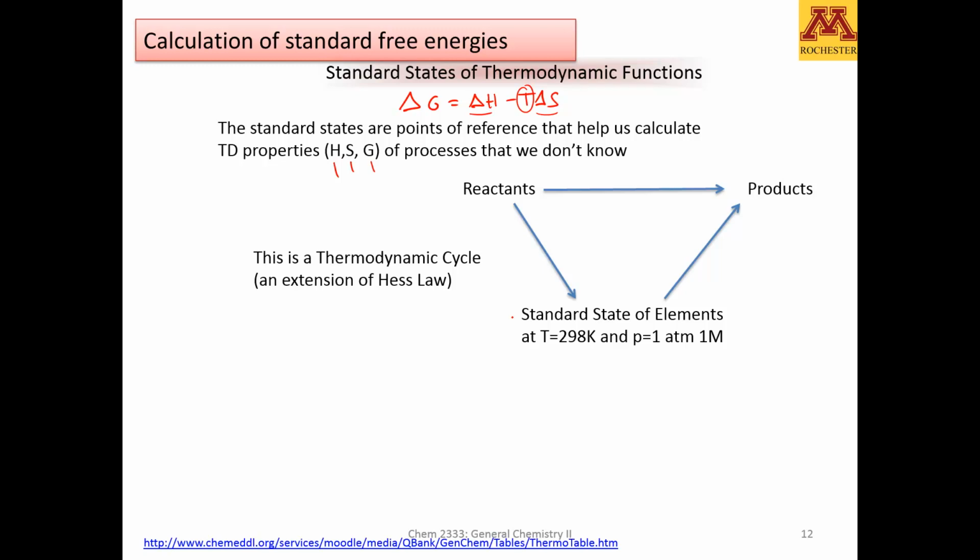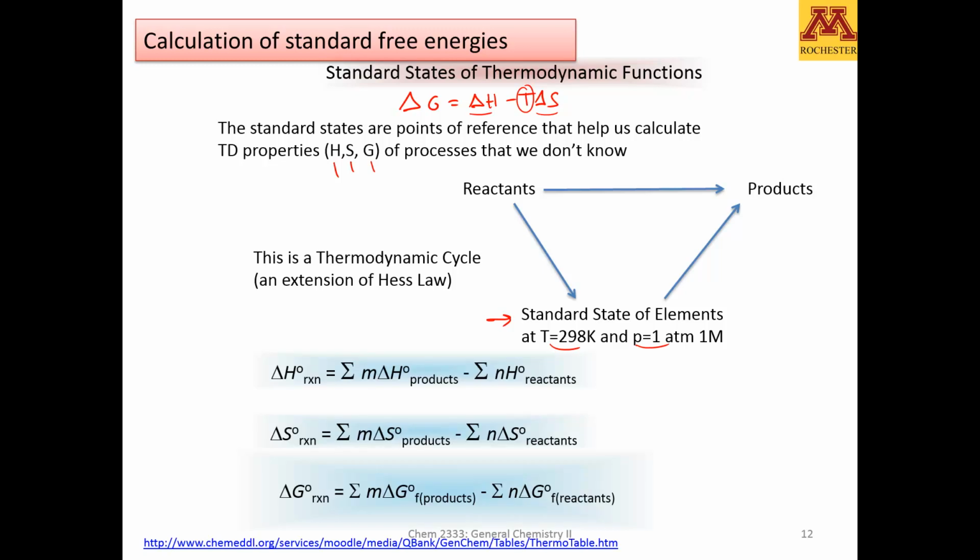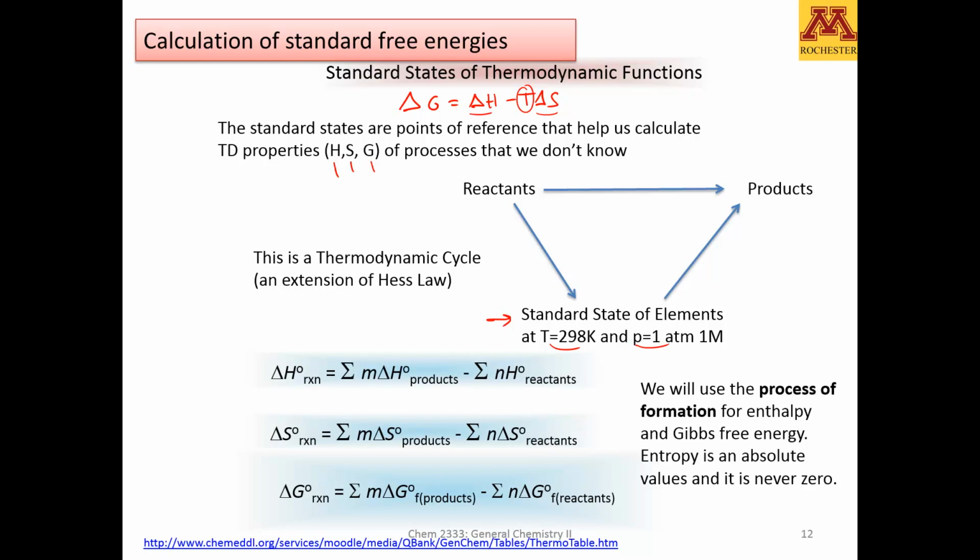That roof, we call the standard state. It's a fairly arbitrary choice, but experimentally it's very easy to set up, so that's our reference point. For enthalpy and Gibbs free energy, but remember that for entropy we have an absolute roof, if you will, at 0 Kelvin, so that's what you will see in your tables.